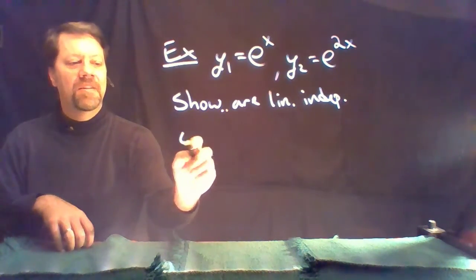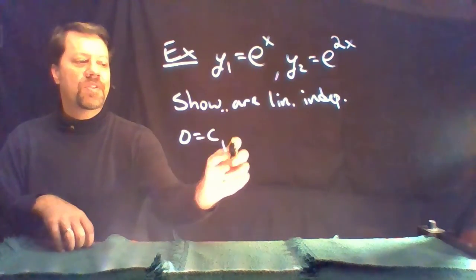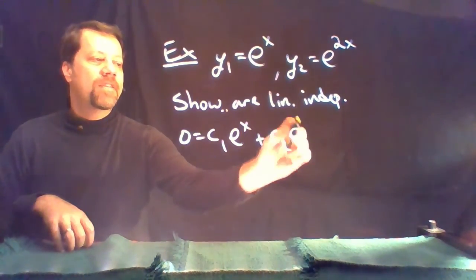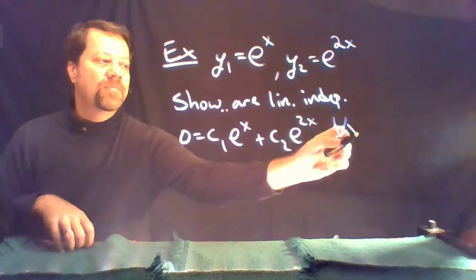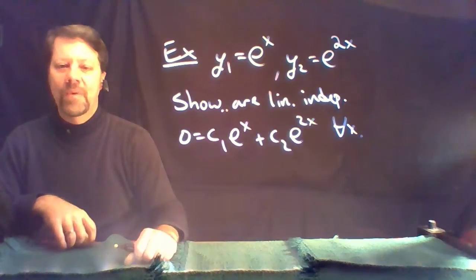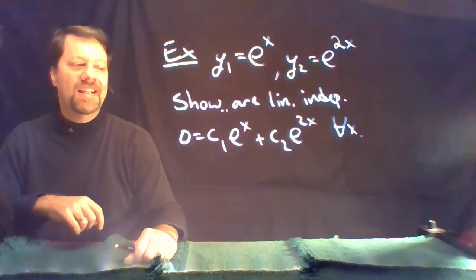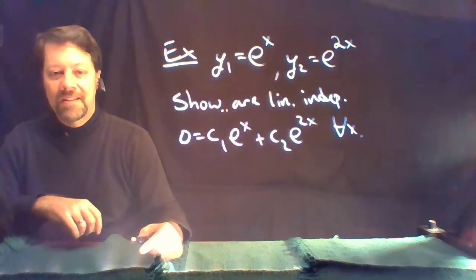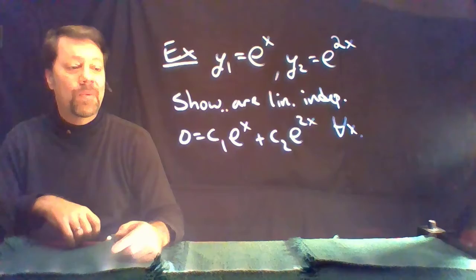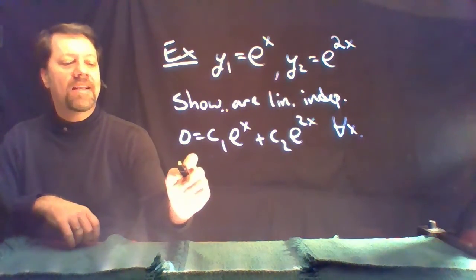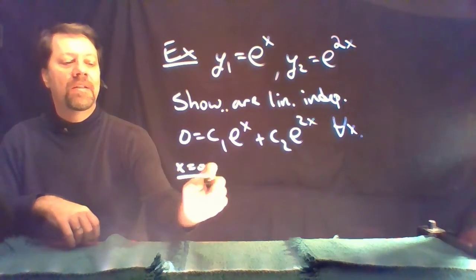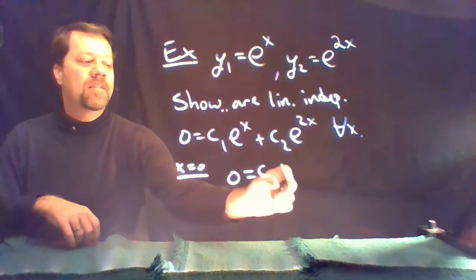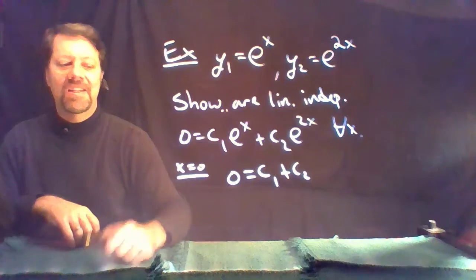To do that, we need to show that the only solutions C1 and C2, so that this equation holds for all x, will be when C1 and C2 are identically 0. Now, if this holds for all x, it has to hold for any x that we choose. In particular, I can set x equal to 0, and it must still hold. And if x equals 0, we get C1 plus C2 is equal to 0.